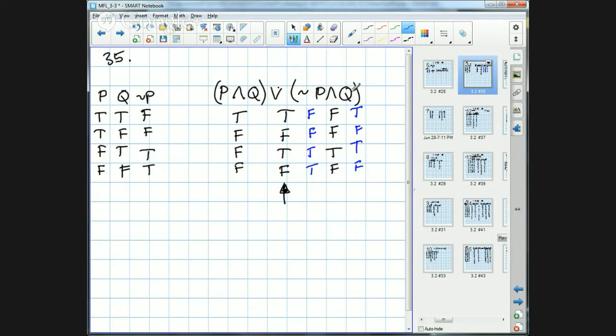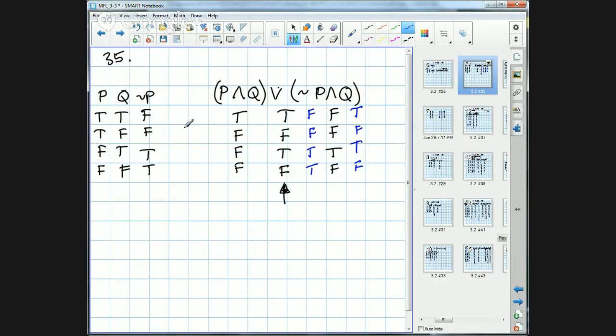But if you're going to bring everything over to the right, whenever there's a letter with no negation on it, then you basically just copy it. Just copy it. Okay. Let me do that on the first part too. Then this should have looked like this in blue. And then Q just stays the way it was.